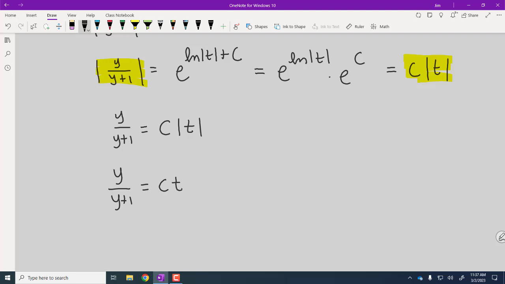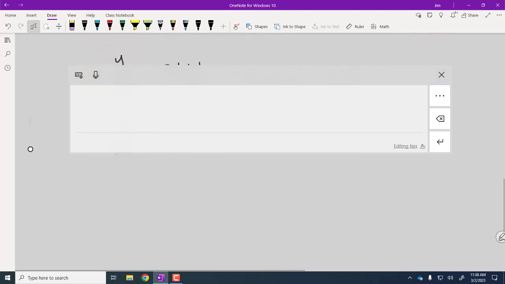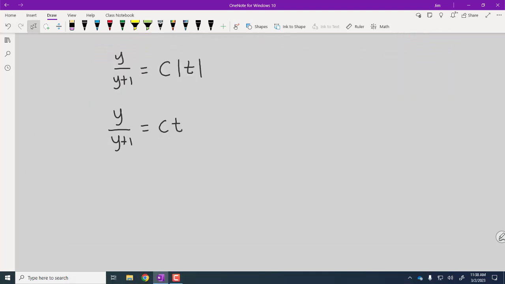Because absolute value of t is either t or -t, so it's a constant times t in either case. And that constant can get sucked into that. Now we're back to algebra something or other. Algebra 1.5. We haven't isolated y yet, but we can. How are we going to isolate y?